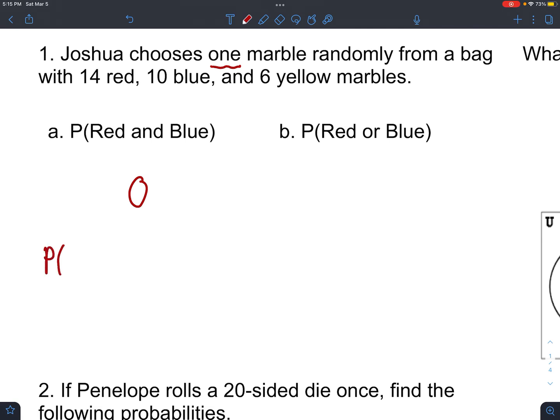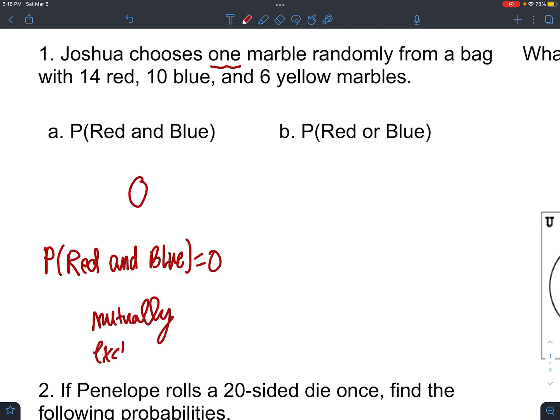So what we would say for this is the probability of red and blue happening at the same time is 0. And that's what mutually exclusive means mathematically. It means that the probability that both of them happen is 0. So this means that red and blue, and also yellow, put a little circle for yellow, they're all distinct.